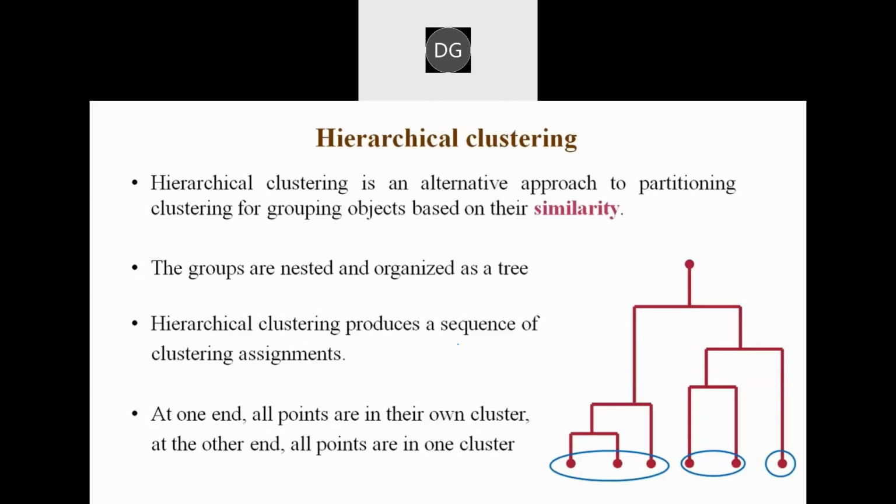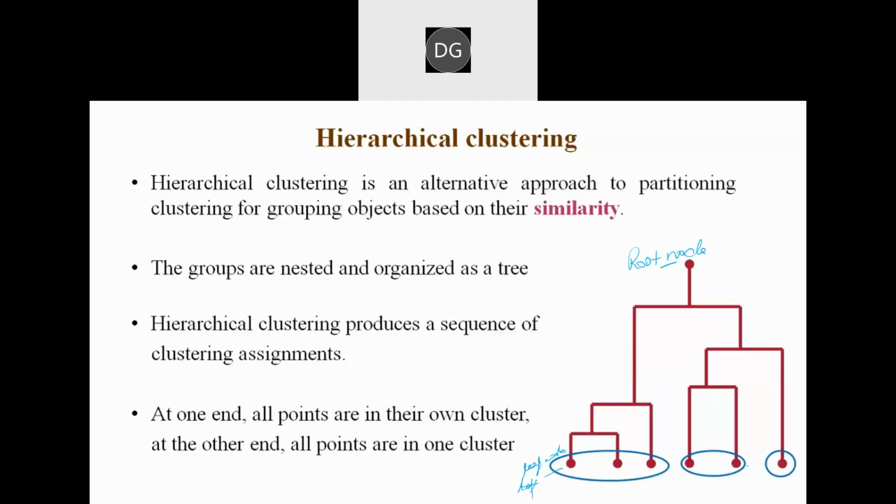it looks similar to a decision tree, right? One root node is there and so many leaf nodes are there.